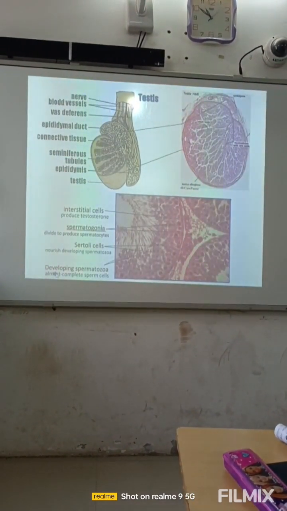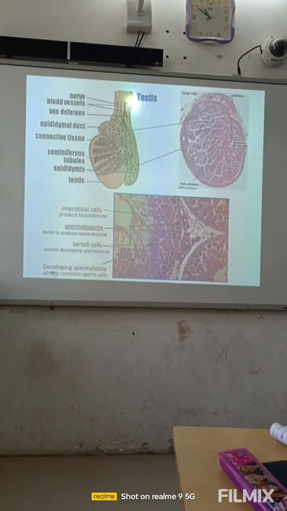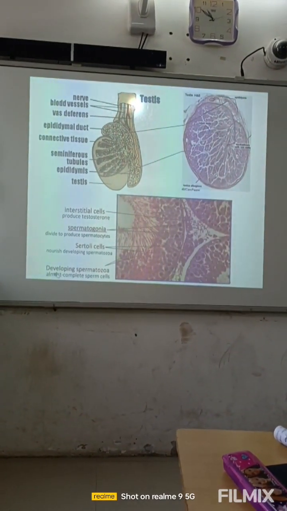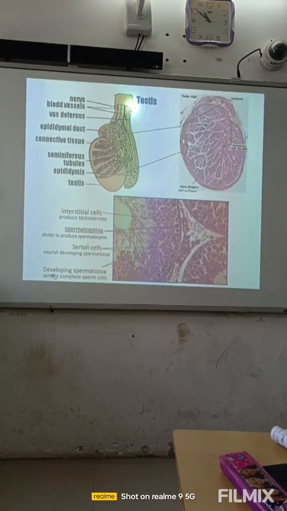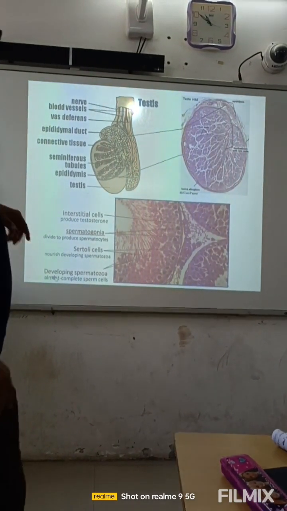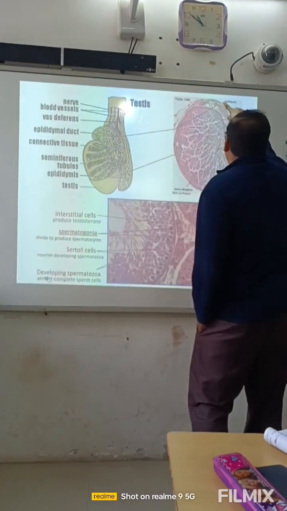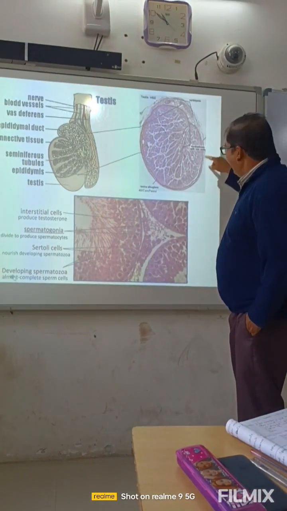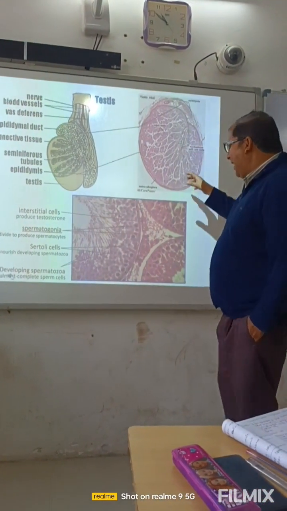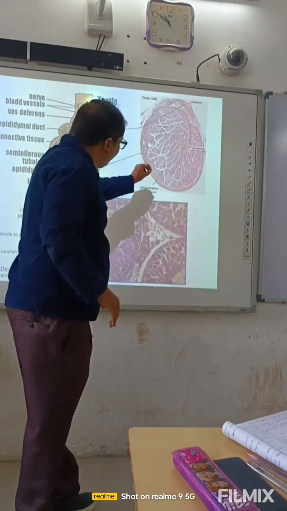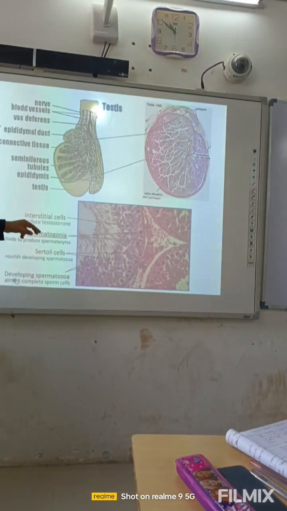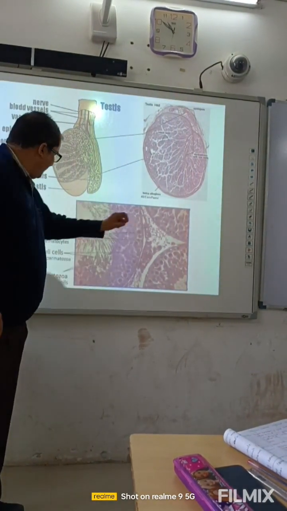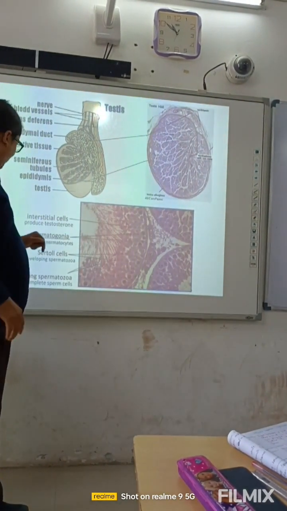See, there is the structure of the testis. You people know this structure. In the testis, on the upper side, is the epididymis. When you elaborate this further, one part, you will see this. Here the interstitial cell produces testosterone.